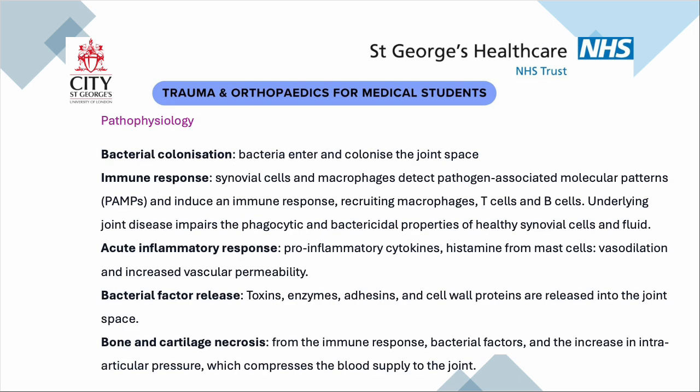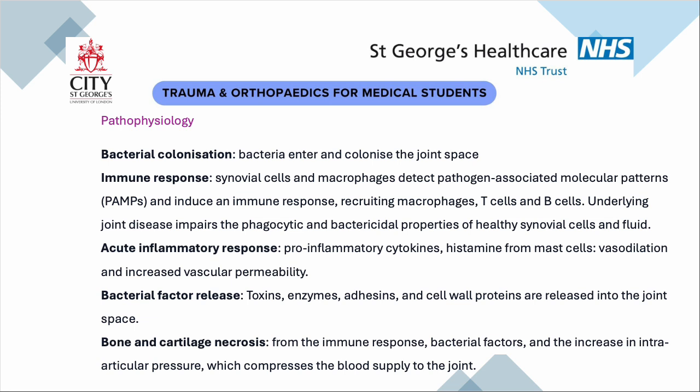So the pathology of this is that you get bacteria in there and they start to grow. So you then get an immune response to the bacteria. So you get macrophages and phagocytic and bactericidal products, which unfortunately is damaging to the cartilage in there.